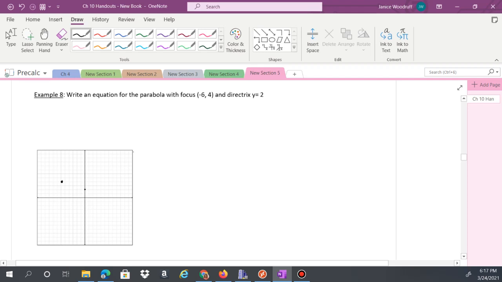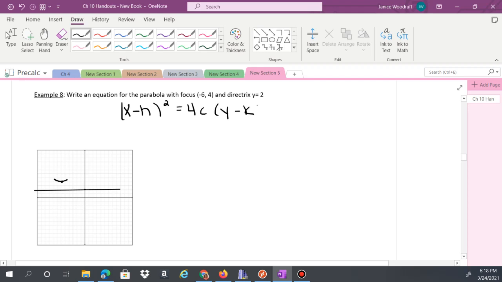So it is a horizontal line. So which way does this parabola open? Up. Good. So it's going to open up, which means is this x squared or y squared? X squared. Okay, so x minus h squared equals 4c, y minus k.